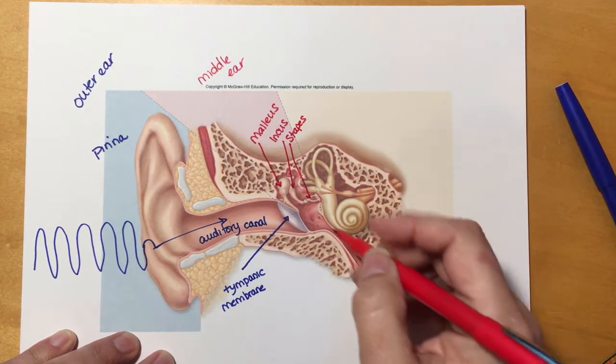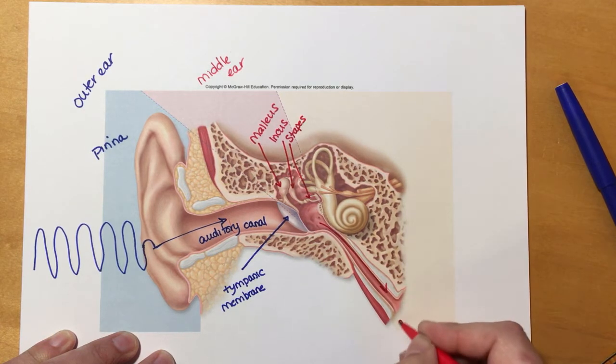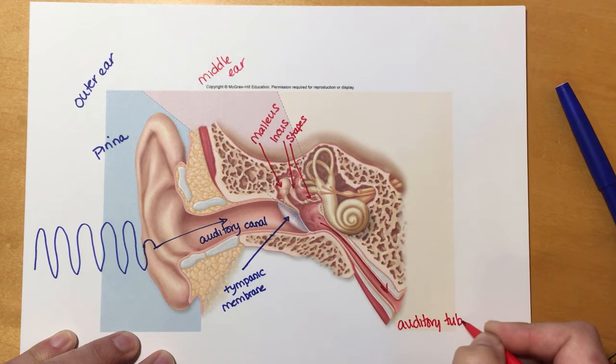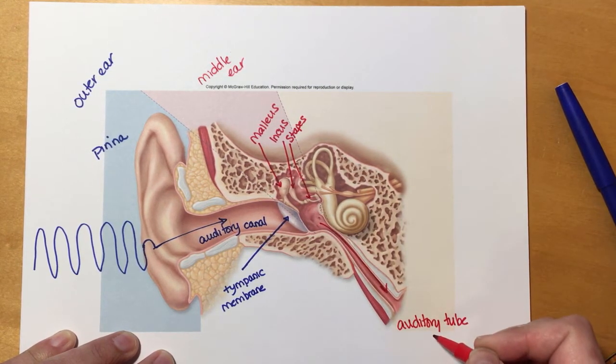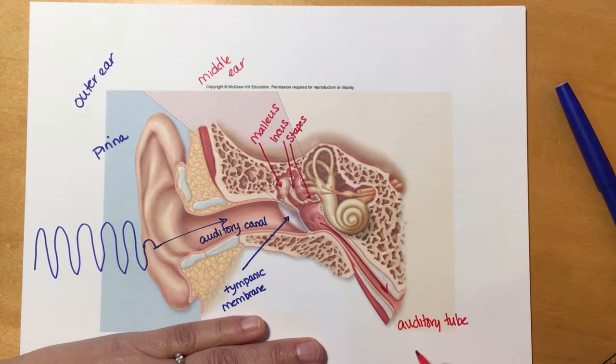Another structure in the middle ear is right here. This is called the auditory tube. And it connects the middle ear to the pharynx at the back of the nose and the mouth. And the function of this tube is to help equalize pressure.